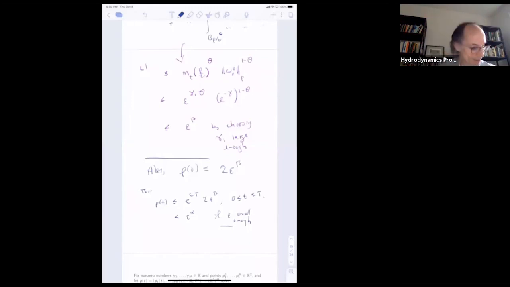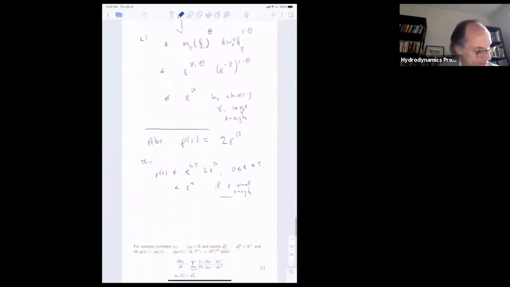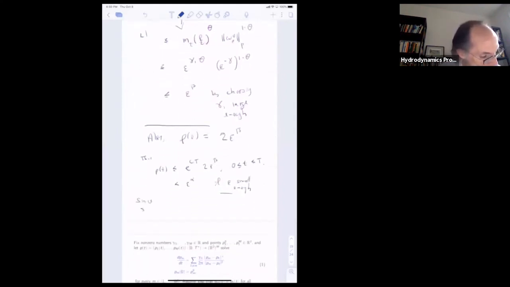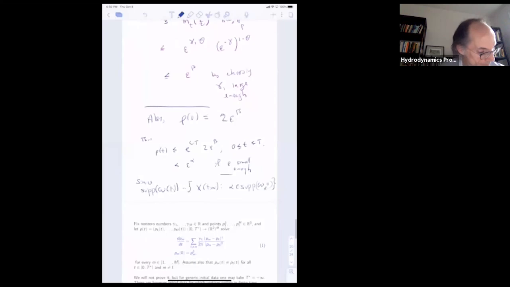And since the support of omega at time t is the set of points x of t, alpha, where alpha is in the support of the initial vorticity, this proves the theorem, right?